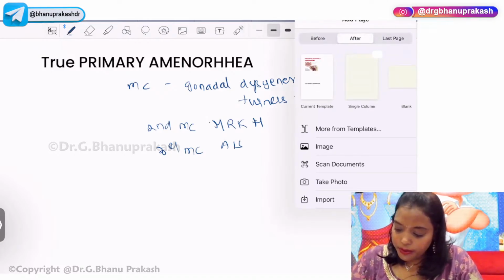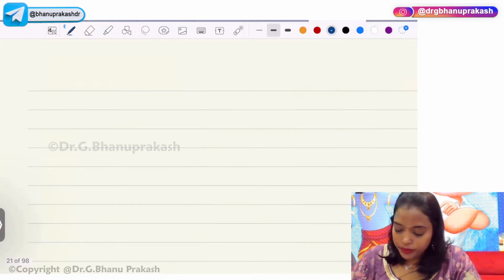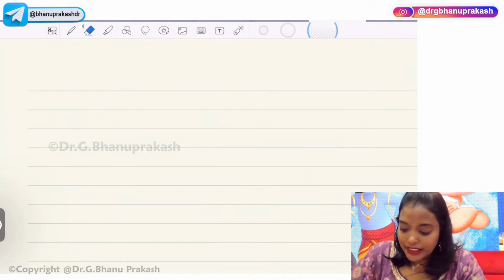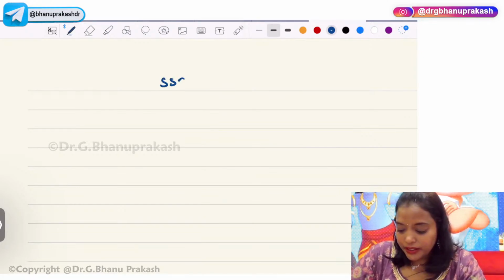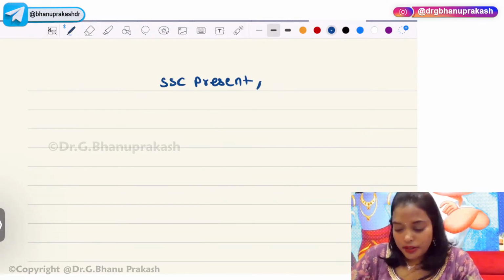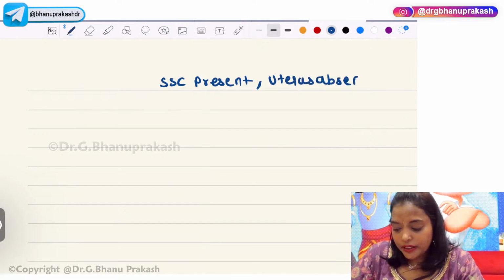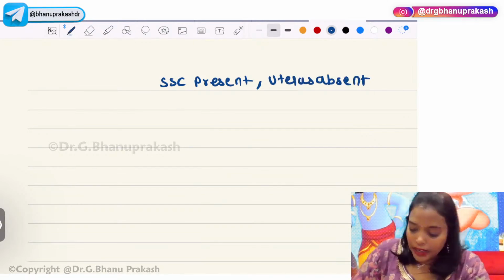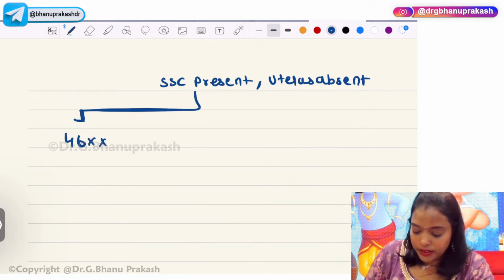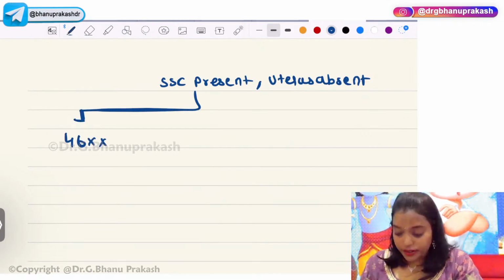So now, check further if secondary sexual characteristics are present. Uterus absent. And if the karyotype is 46XX, this is MRKH.